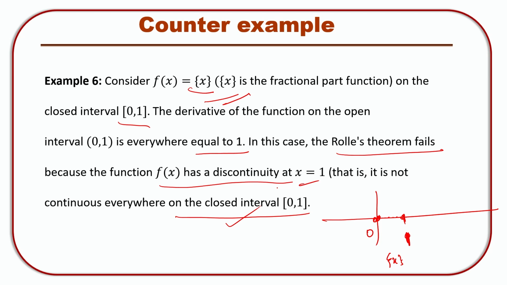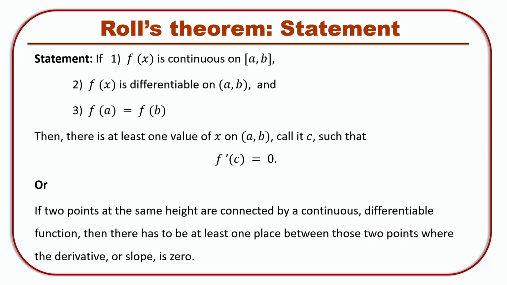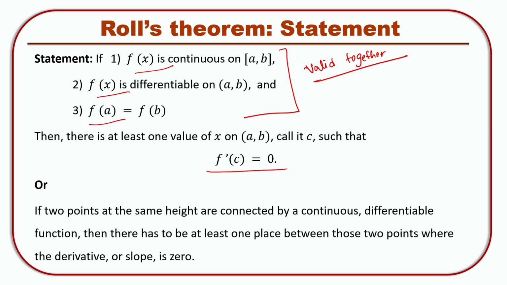And let me remind you of these three conditions for Rolle's theorem. Rolle's theorem is only valid when these three are valid simultaneously together. If any one of them is not there, then this Rolle's theorem is not applicable.